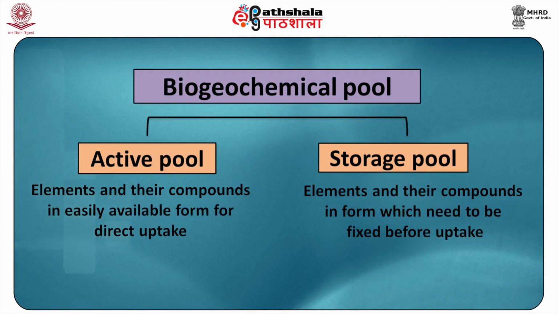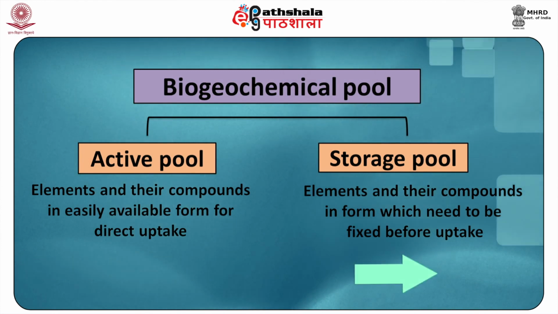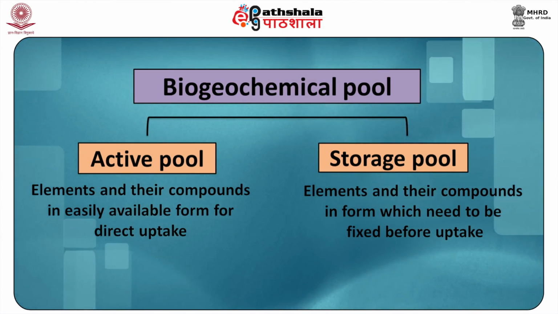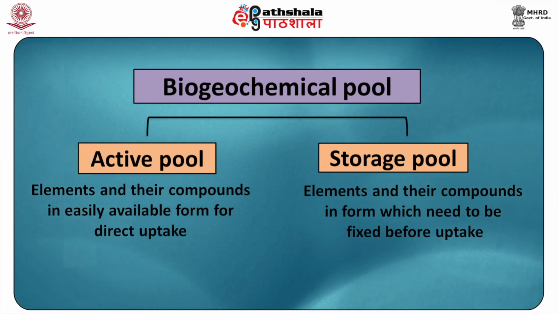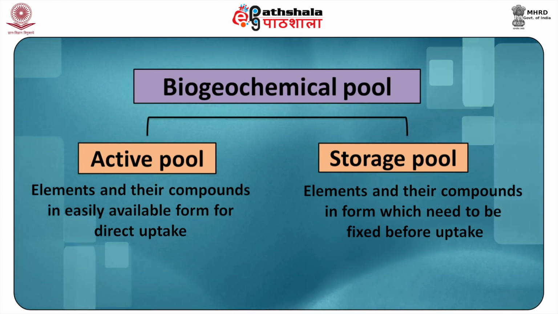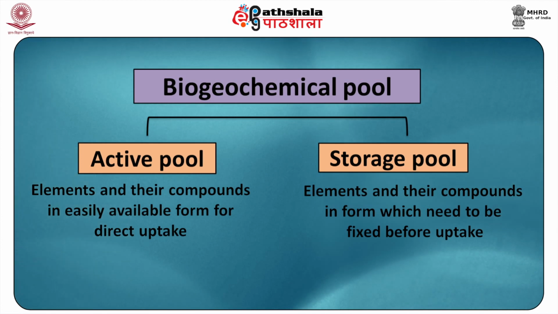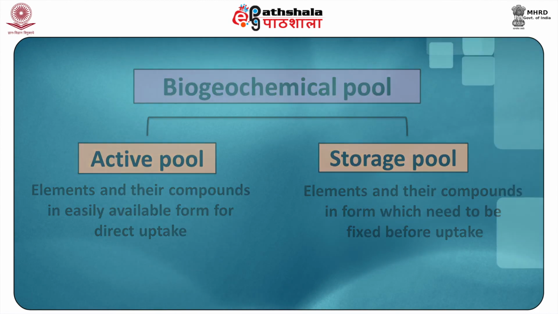There are two types of pools in biogeochemical cycles, the active pool and the storage pool. In active pool, the elements or their compounds are present in a form which is easily available to live processes for direct uptake. Storage pools, on the other hand, contain elements in forms which need to be fixed before the organisms can uptake them.